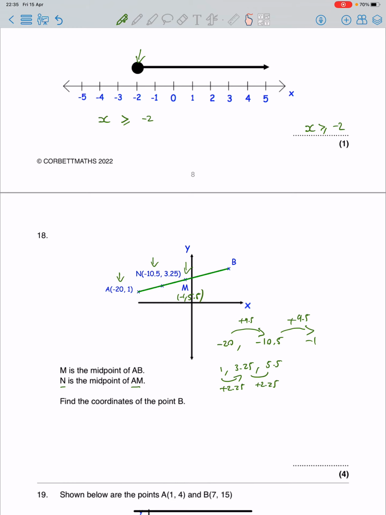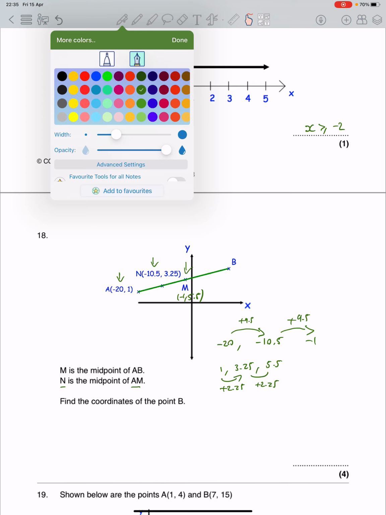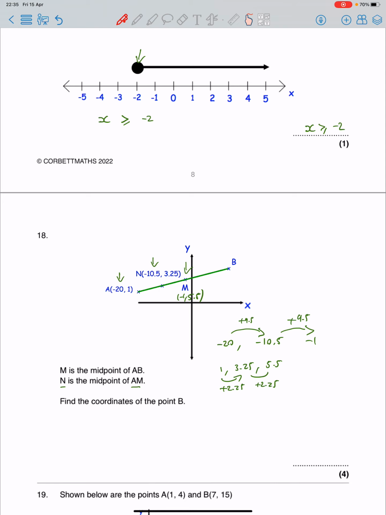Now we also know that M is the midpoint of AB, so we can play this same game of jump, jump approach. So to get from this time minus 20, which is the x coordinate of A, to minus 1, which is the x coordinate of M, we can see here the jump is going to be plus 19.